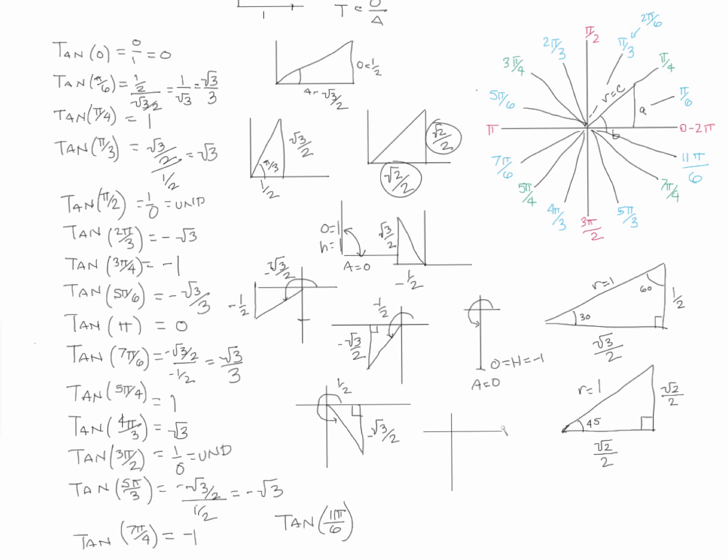Tangent of 11 pi over 6, once again we draw this here, 30 degrees, root of 3 over 2, negative 1/2, so that's going to give us negative root of 3 over 3. And finally, tangent of 2 pi is 0, because it's the same thing.